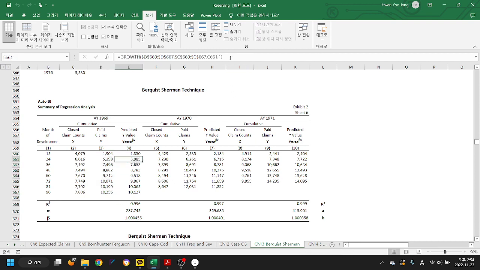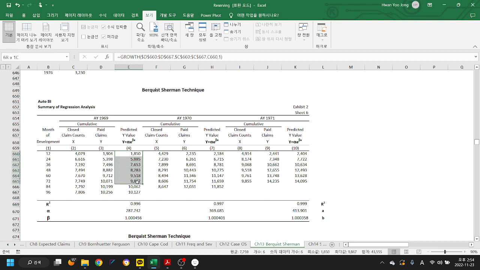So here, it's an exponential regression in Excel. The dependent variable is the paid loss amount, and the independent variable is the number of closed claim counts. We just regressed against this one. And then for the fitted one, the new X is there, so I use that.